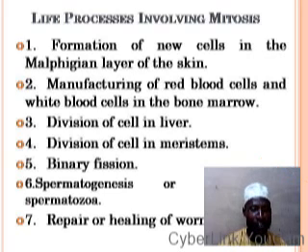Another process involving mitosis is binary fission. Binary fission is the splitting up of a cell into two identical cells, in which each of these cells develops into an adult.